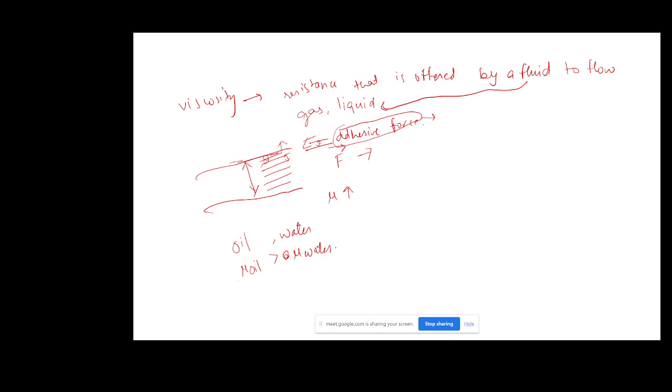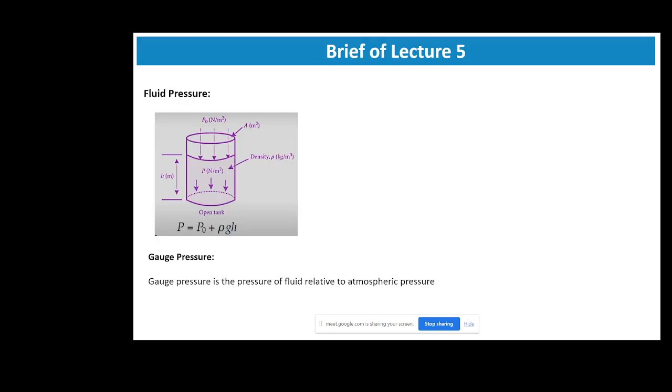If we have oil, the layers are more attached to each other through adhesive force, so the flow of oil, especially castor oil, is very difficult. So this is how viscosity is defined.